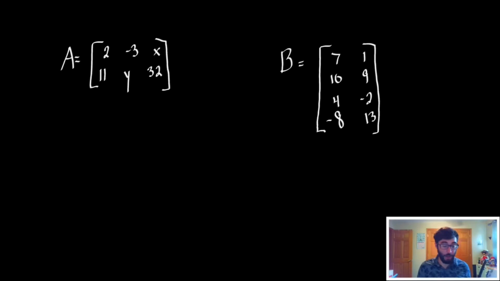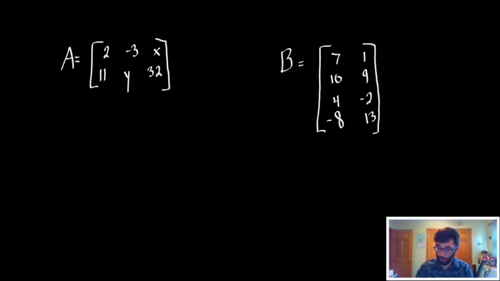Now, one of the really important things we need to be able to do when we're talking about matrices is list the dimensions of a matrix. The dimensions of a matrix are basically how many horizontal rows the matrix has, and how many vertical columns the matrix has.